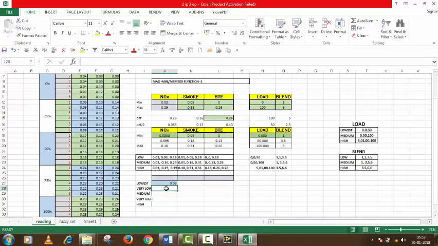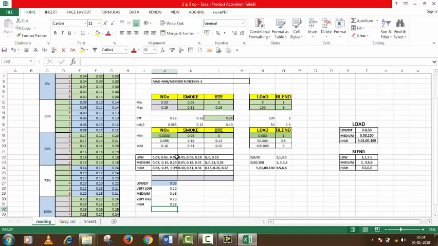Next 0.03 plus 0.065, then 0.03 plus 0.065, next 0.16 plus 0.065, 0.23, next plus 0.065, 0.29.